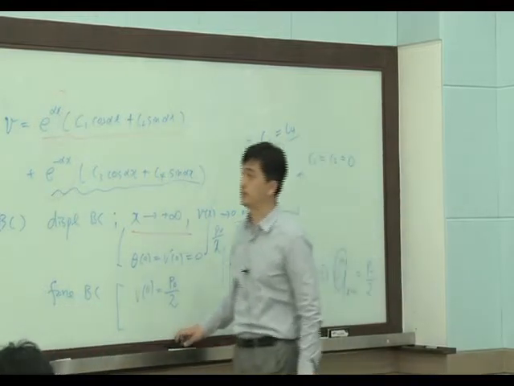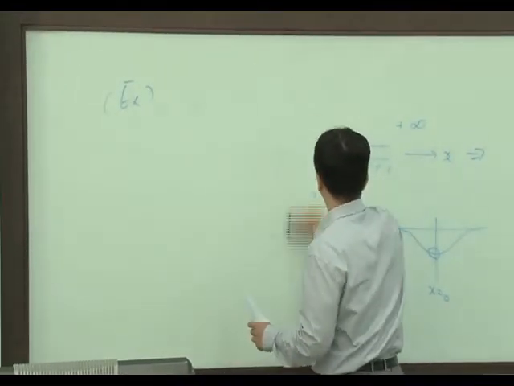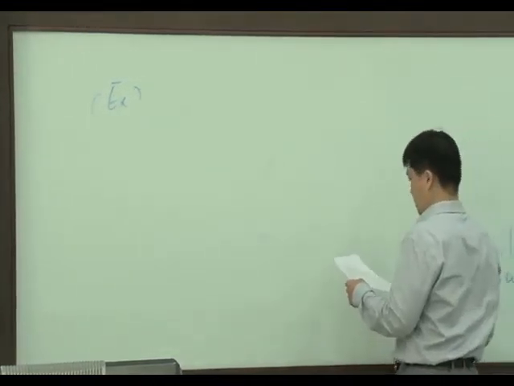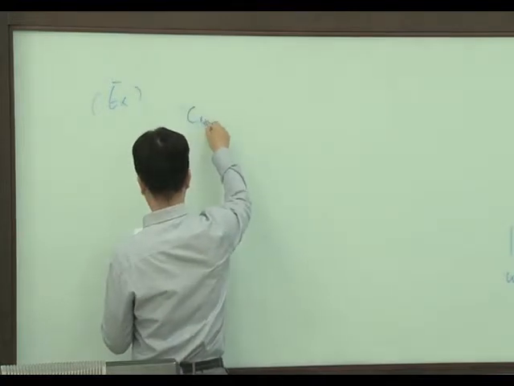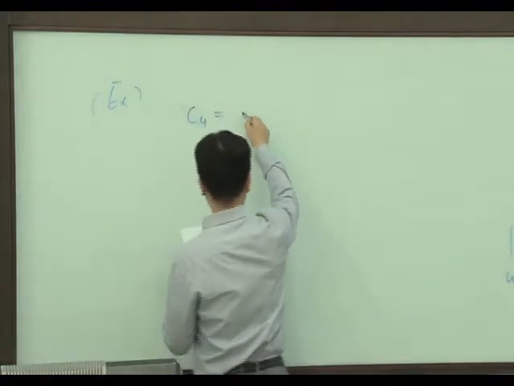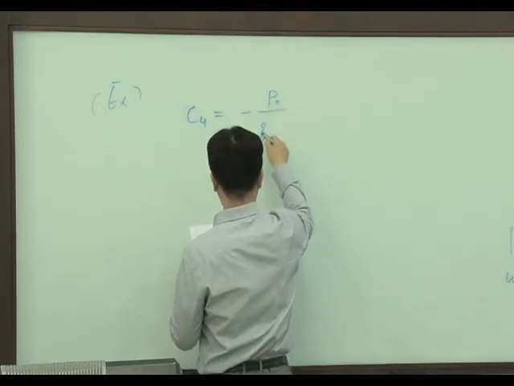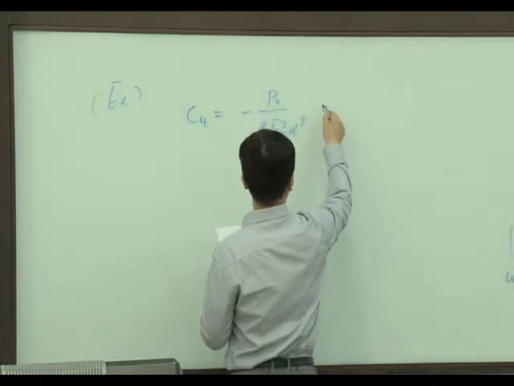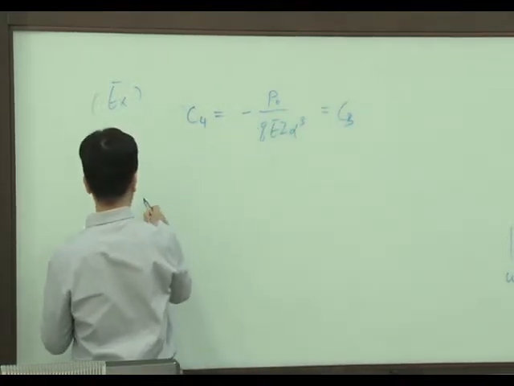So then finally C4 equals minus P0 over 8 EI alpha cubed. This is C3 too.